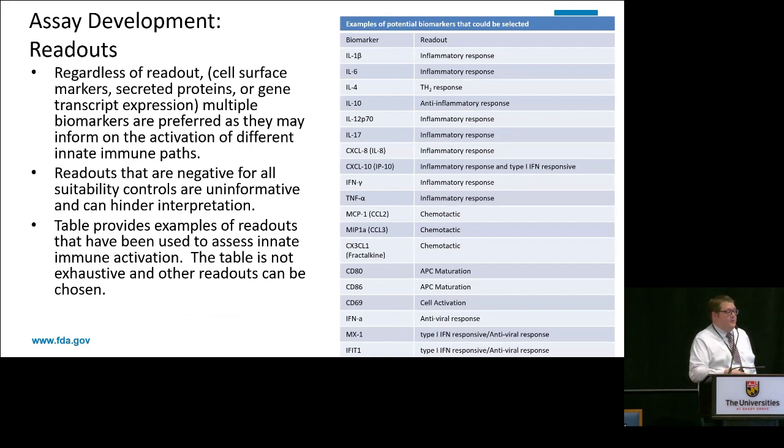We prefer that there are multiple readouts selected, which I think everyone is doing, so that they may inform on the activation of different potential innate immune pathways. We also find that readouts that are negative for all your suitability controls are not informative and can in fact hinder the interpretation. And once again, this table is for examples, it's not exhaustive, it was just some hypothetical biomarkers that could be chosen.